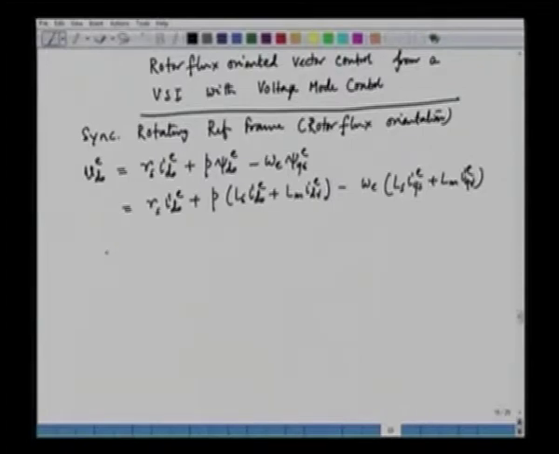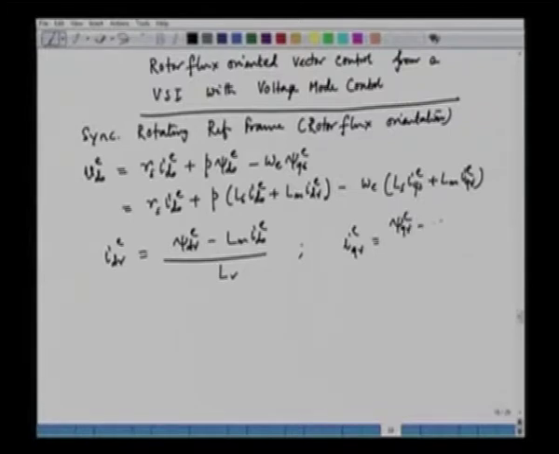And we know that IDR equal to psi DR minus LM into IDS by LR, and similarly we can say that IQR is equal to psi QR minus LM into IQS by LR. So, these are the known equations which we can obtain from the flux linkages, and we know that in a vector control drive, which is rotor flux orientation, psi QR equal to 0.